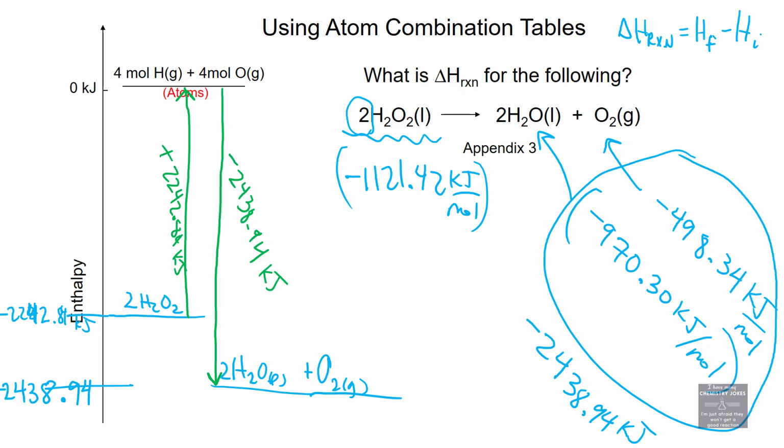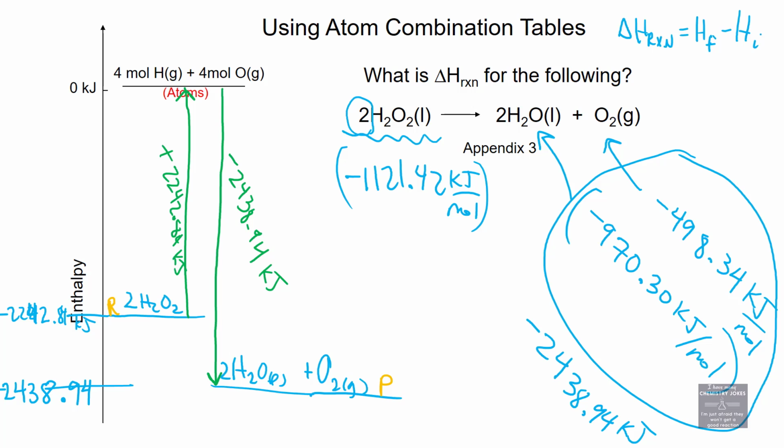So it doesn't matter that I ripped it all the way into atoms. It doesn't matter if I ripped it into single elements in their standard state. It matters that I started here, that's my reactant shelf, and I ended here, that's my product shelf.